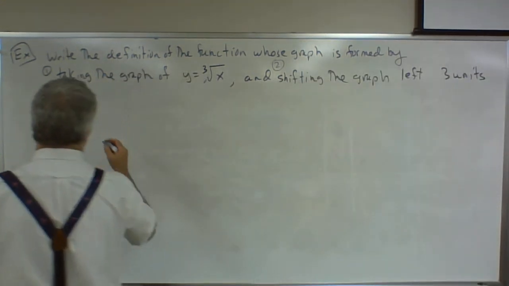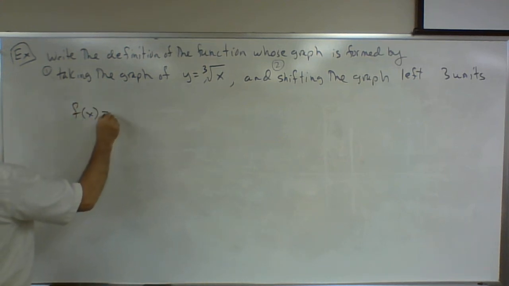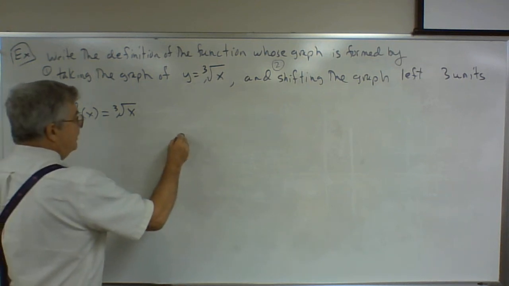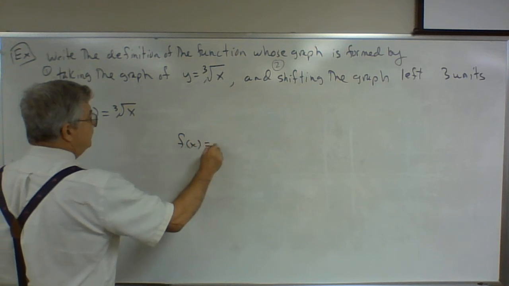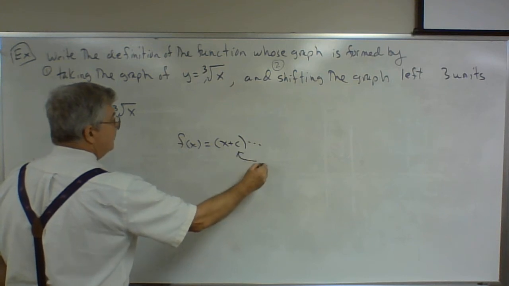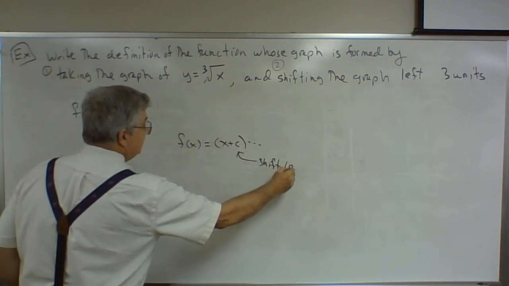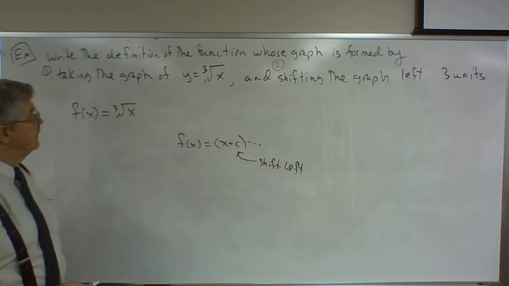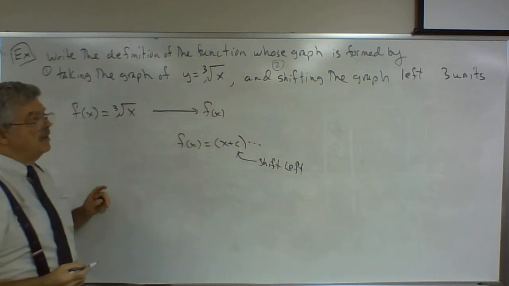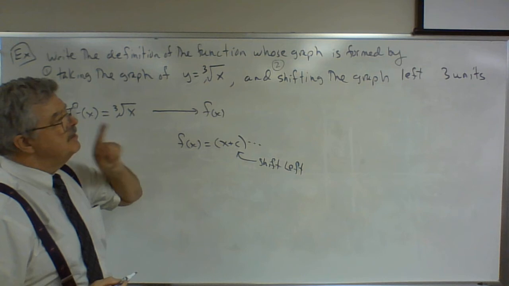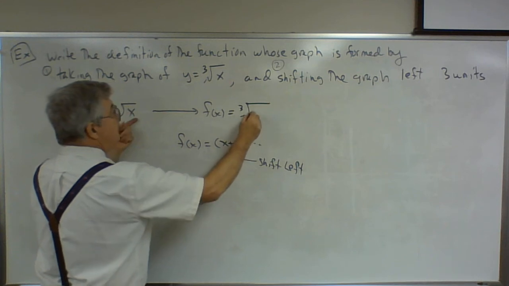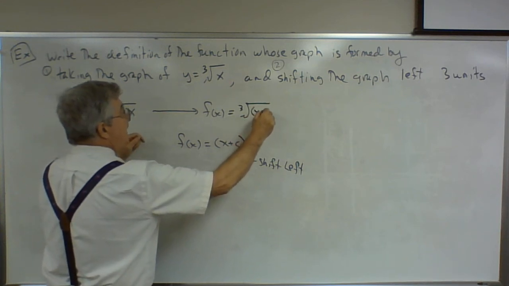We take our reference function, f of x equals cube root of x, and remember, if we have f of x equals, in parentheses, x plus c, the plus c indicates a shift to the left, which is what we want to do in this case. We want to shift left 3 units.